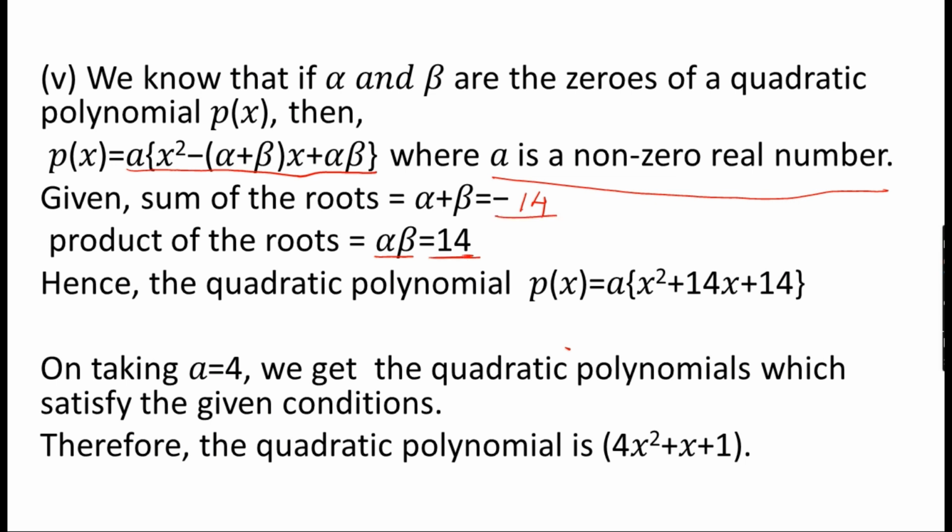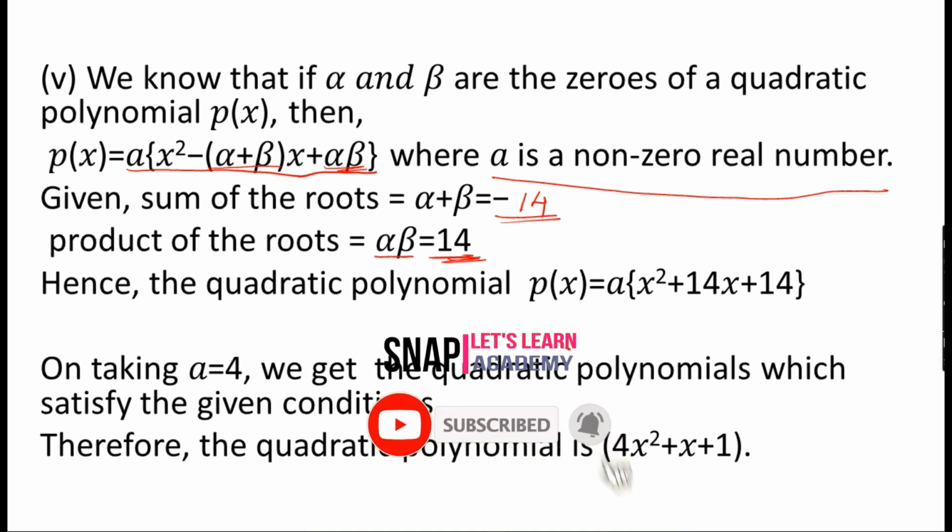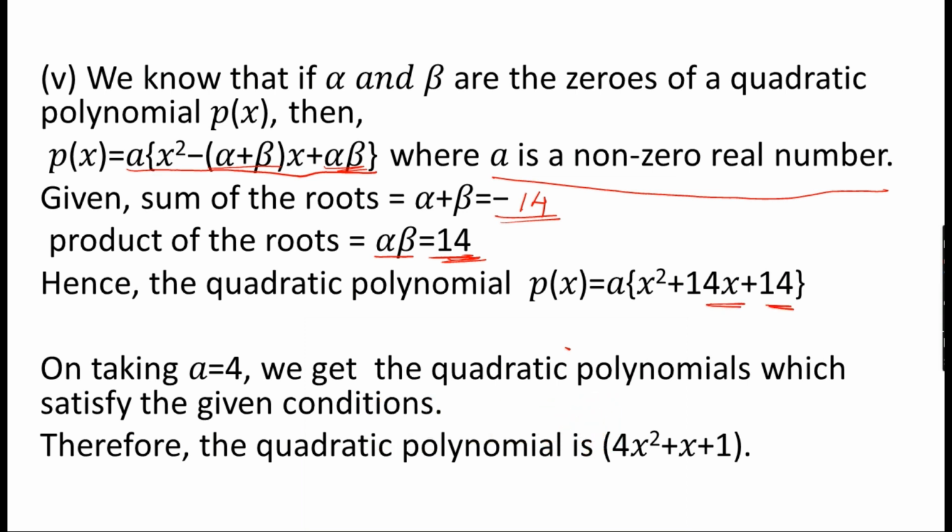On putting these values, we get our polynomial as a x square plus x by 4 plus 1 by 4. On taking a equal to 4, we get the quadratic polynomial satisfying the given condition as 4x square plus x plus 1.